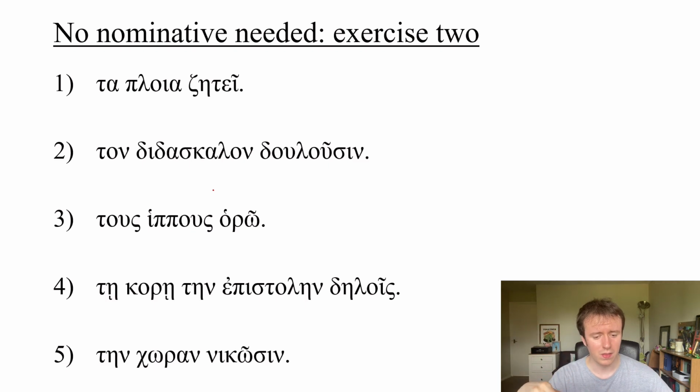Once again, these are sentences which prompt you to practice finding the subject in the person ending of the verb. And I can tell you for a fact that there are no nominative nouns or pronouns in these sentences, okay? So bear that in mind as you translate. You will have to find the subject in the person ending of the verb in each instance. Pause the video, have a go, and then check your answers.